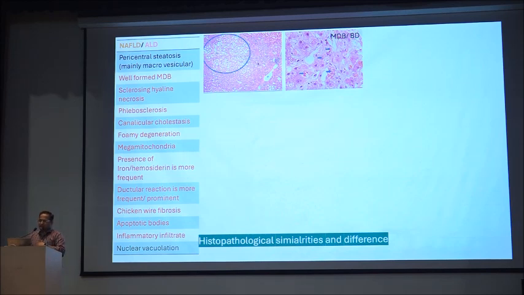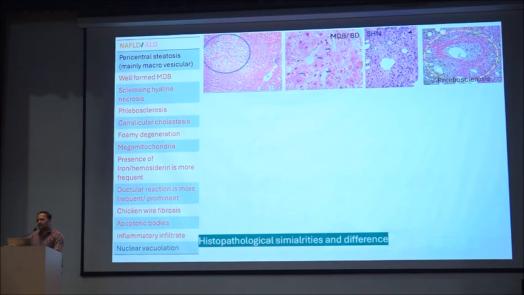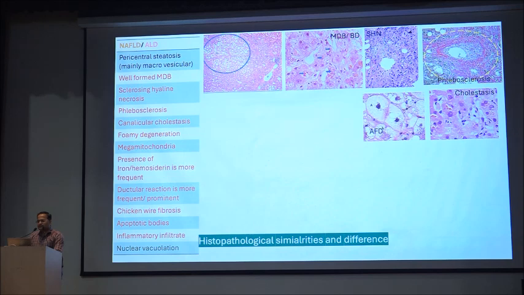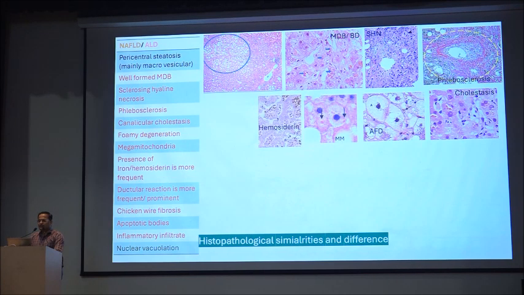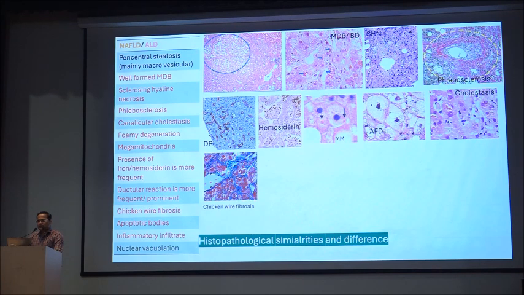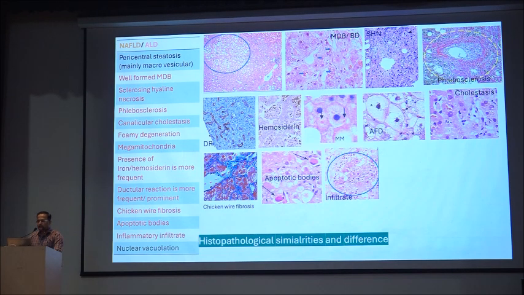There is exacerbated presence of Mallory-Denk bodies or ballooning degeneration, central sclerosing hyaline necrosis, central vein phlebosclerosis, intracellular and canalicular cholestasis, foamy degeneration, megamitochondria, hemosiderin inside the hepatocytes, ductular reaction, chicken wire fibrosis, apoptotic bodies, and cellular infiltrates.